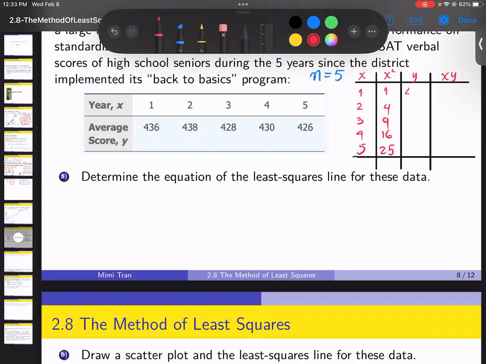Y is 436, 438, 428, 430, and 426. Then x times y: 436, 876, 1284, 1720, 2130.